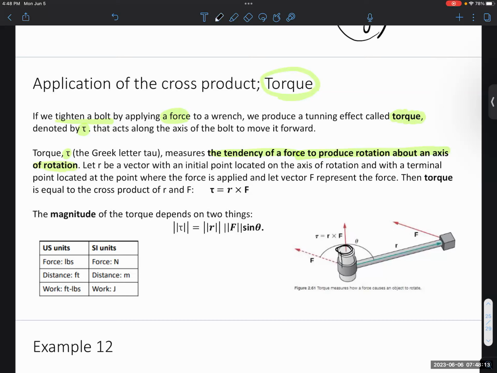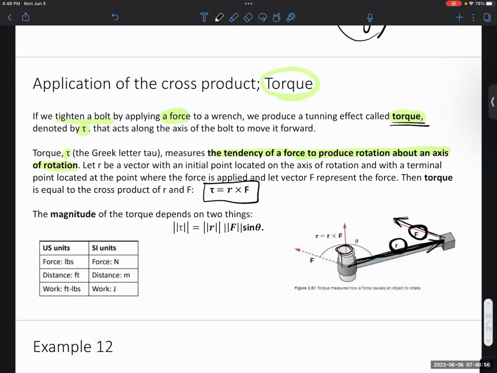So let R be a vector with the initial point located on the axis of rotation and with a terminal point. So this is vector R, and there's a force vector. If you multiply those 2 vectors, you can find out the torque to tighten the bolt. And then how to find the magnitude of the torque.